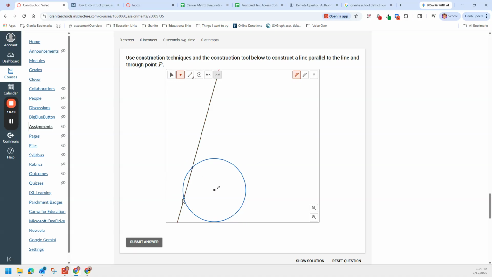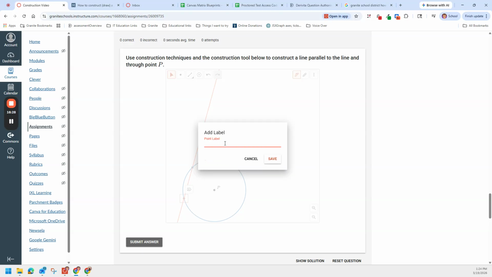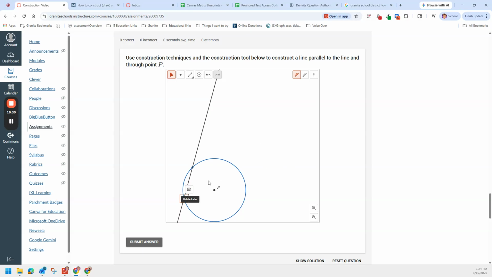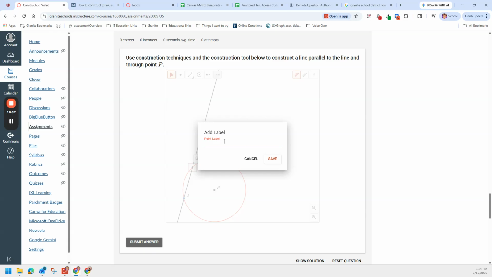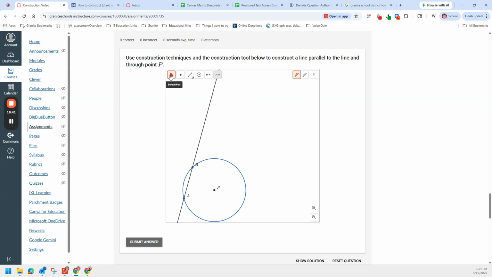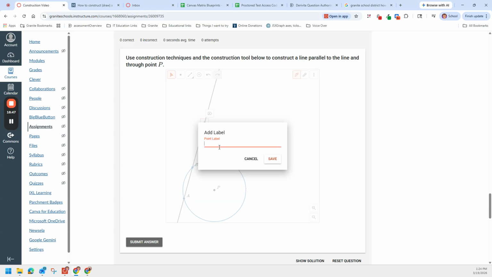Just for the sake of clarity, I'm going to call this point A, and let's call that point B. So up here, I'm going to create a new point A, and we'll call this A prime.